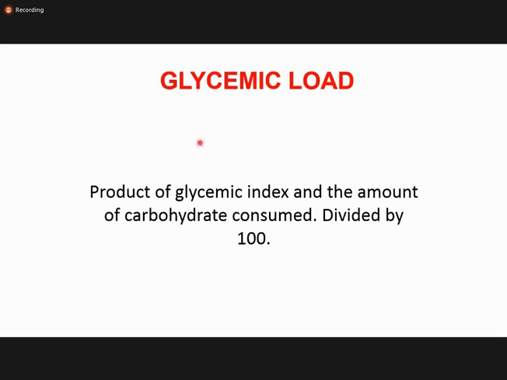Now, another concept along with the glycemic index, we have glycemic load. It's very much similar to the glycemic index, but it's a little bit different. The glycemic load is basically a product of glycemic index and the amount of carbohydrate consumed divided by 100. So we take the glycemic index of a specific food and we multiply it with how much carbohydrate is actually present in that food item, and then we divide it by 100.